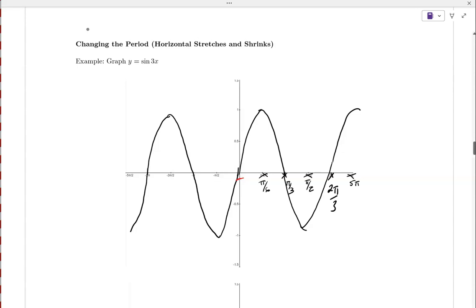That'll be 5 pi over 6. Negative pi over 6. Negative pi over 3. Negative pi over 2. Negative 2 pi over 3. There, I graphed it. That's much faster than redrawing it, isn't it?